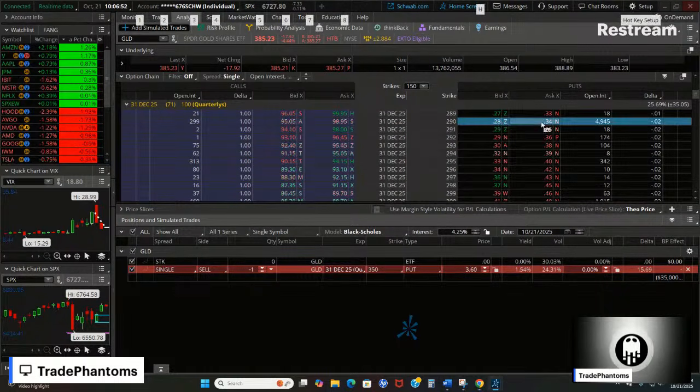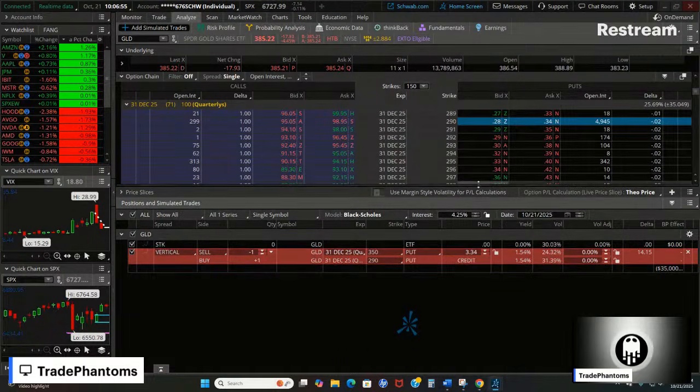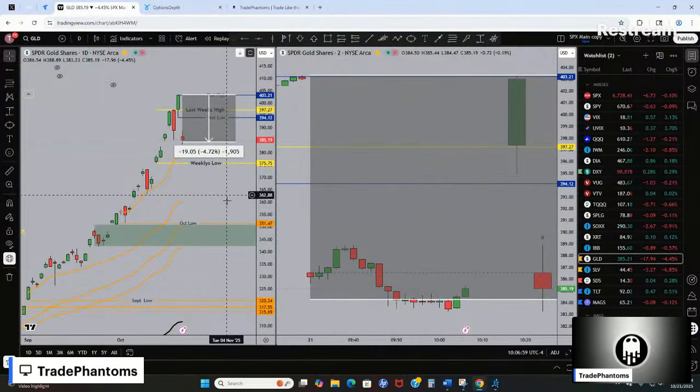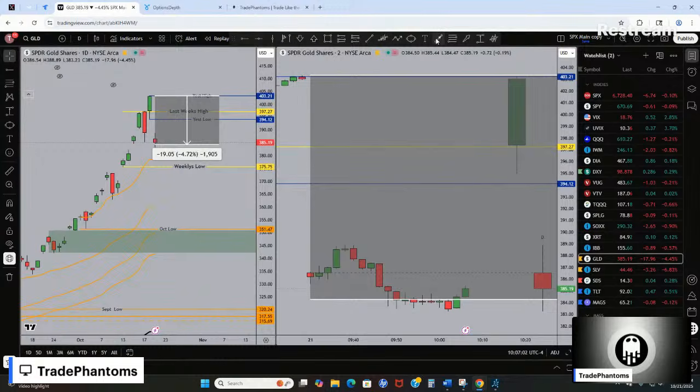Look at even the numbers on these drop downs here. Sell puts. Willing to own.